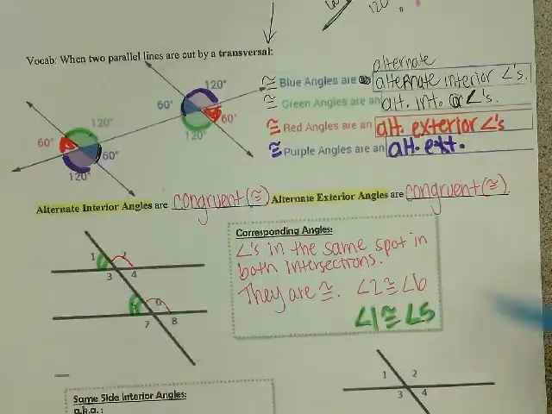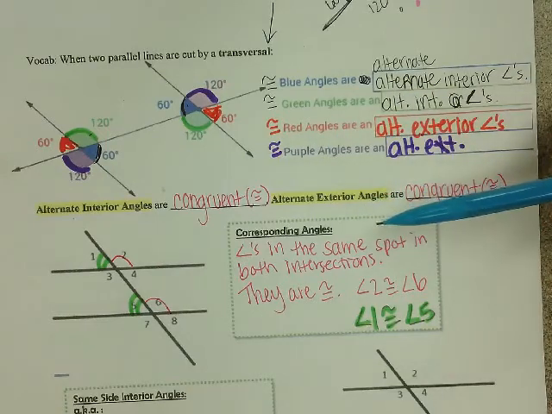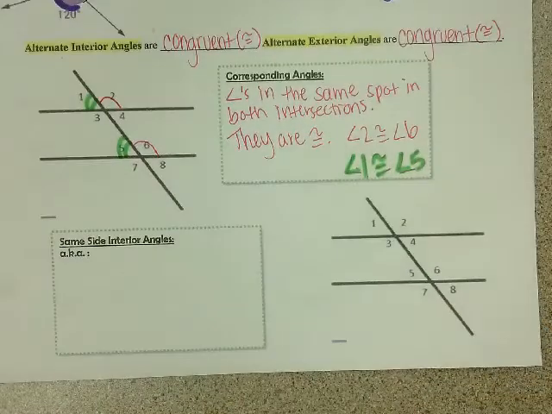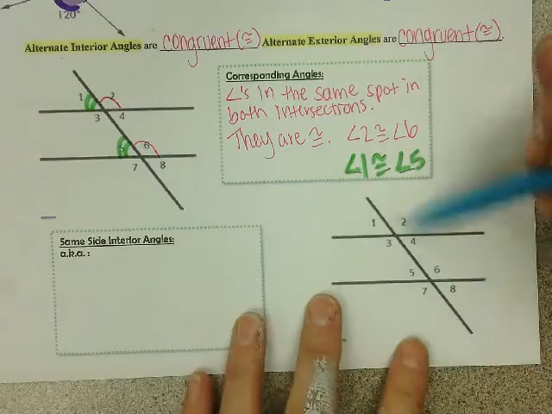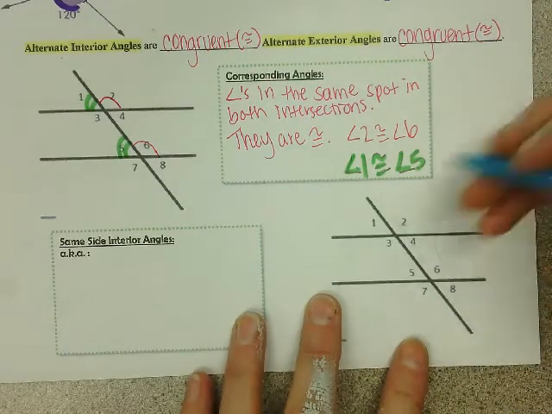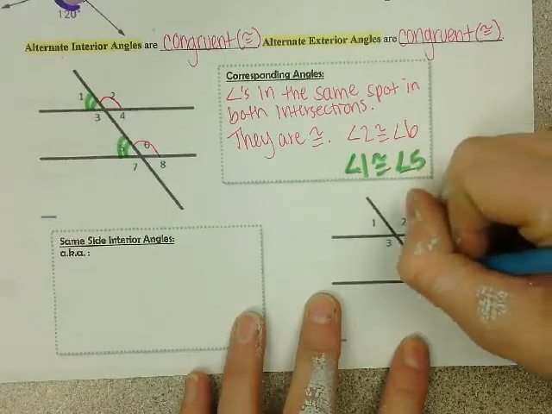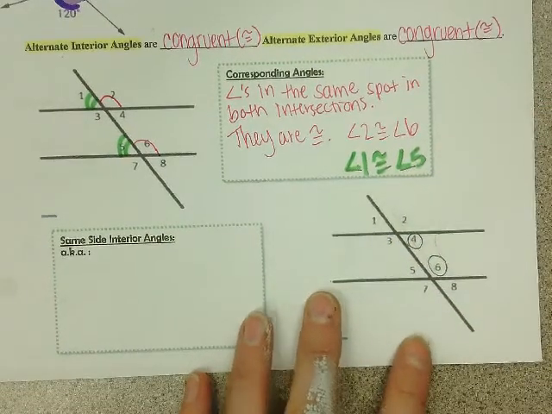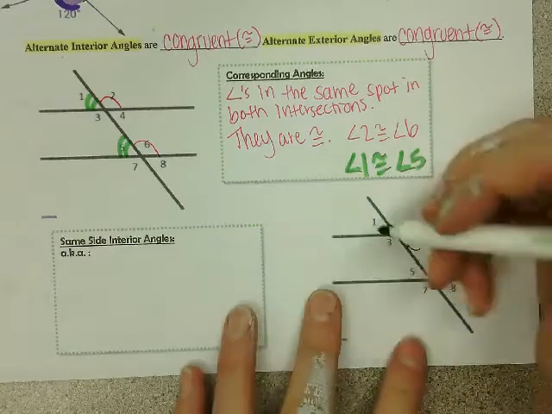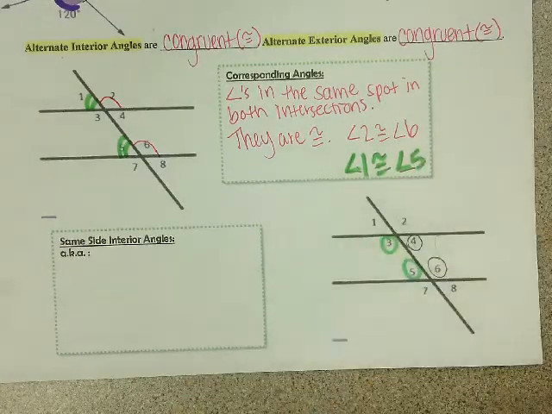All right, so far, all of our relationships are congruent, right? Let's look at same side interior. So same side, and we're on the inside. So that would be 4 and 6, right? That would also be, in a different color, 3 and 5.